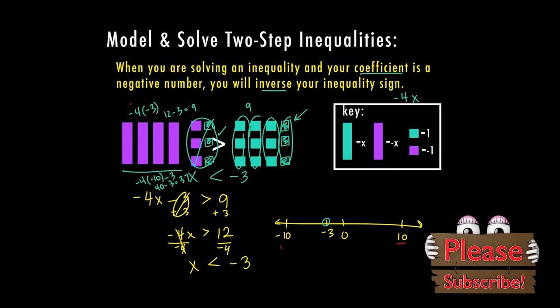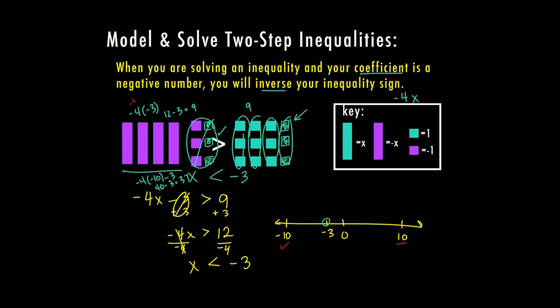So we'll put a check here because I know that negative 10 worked. Negative 4 times positive 10 minus 3, that's negative 40 minus 3, which is a negative 43, which is not greater than 9. So this one does not work. So that tells me that my less than negative 3 is indeed correct.